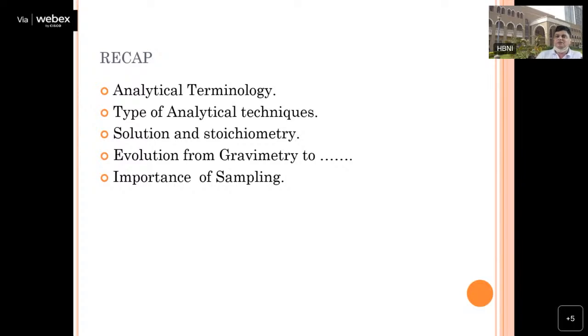Whereas in the case of the comparative methods, they again need a calibration, but while preparing the calibration curve, you need a matrix matching standard. For example, if you want to evaluate the concentration of iron in any alloy sample, then you have a standard sample of the metals only.